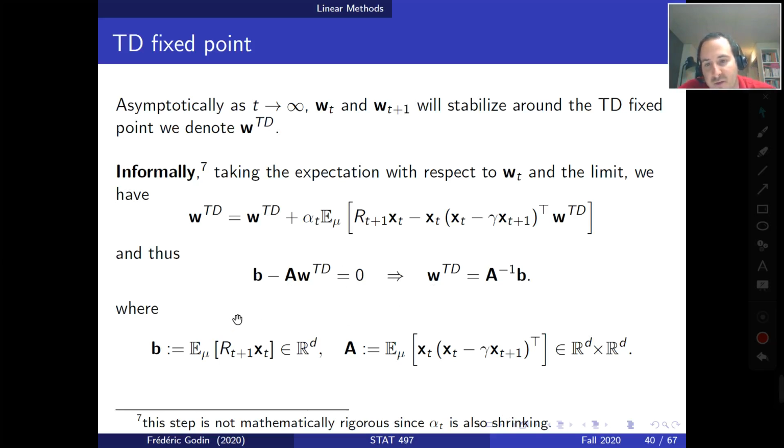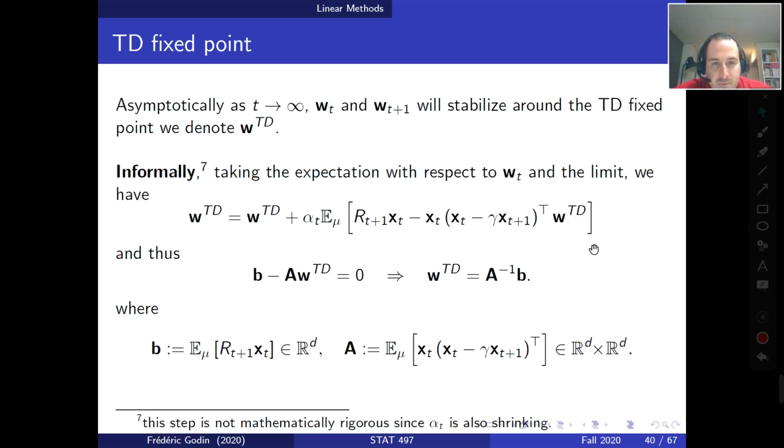What are the values of b and A? So b is just the expected value of this term here: the expected value of the reward times the feature vector. And A here is the expected value of this term, where the TD fixed point is a constant vector, so we can take it out of the expectation.